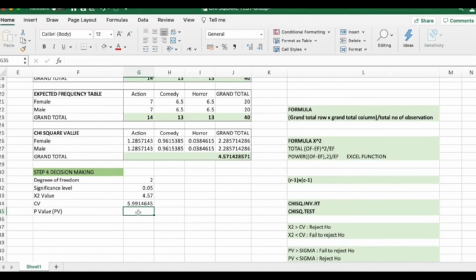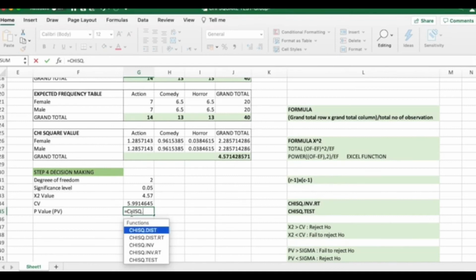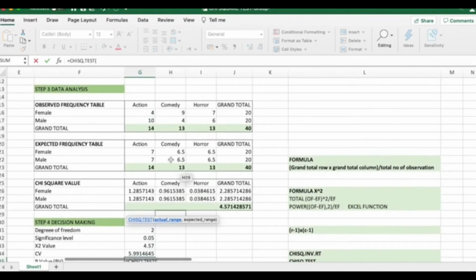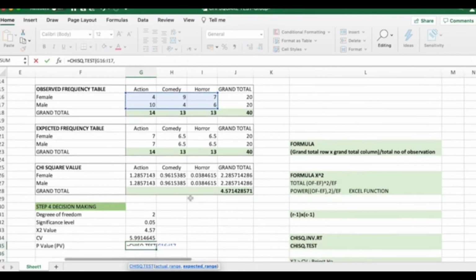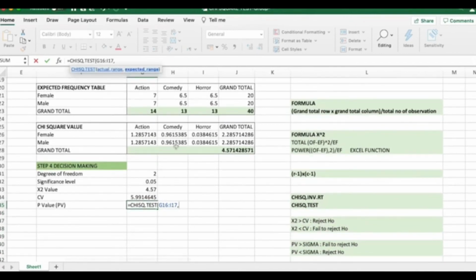While for the p-value, here is the formula, which is CHISQ.TEST. So simply key in CHISQ.TEST, bracket, the actual range, which we can take from the observed frequency table here, highlight it, comma, then the expected range, which is the expected frequency table here.